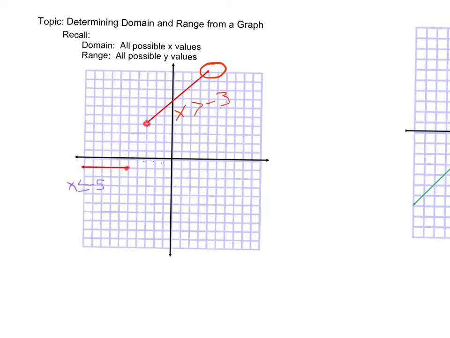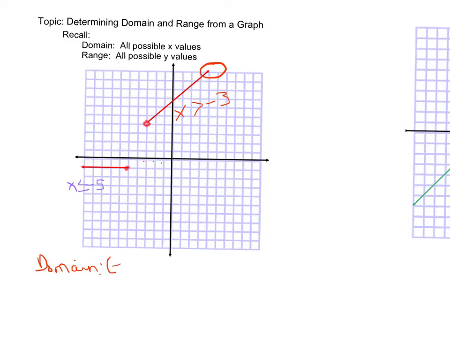So my domain for the entire function, it looks like it's x values less than or equal to negative 5. So to practice my interval notation, I'm going to go, oops, I need a bracket.